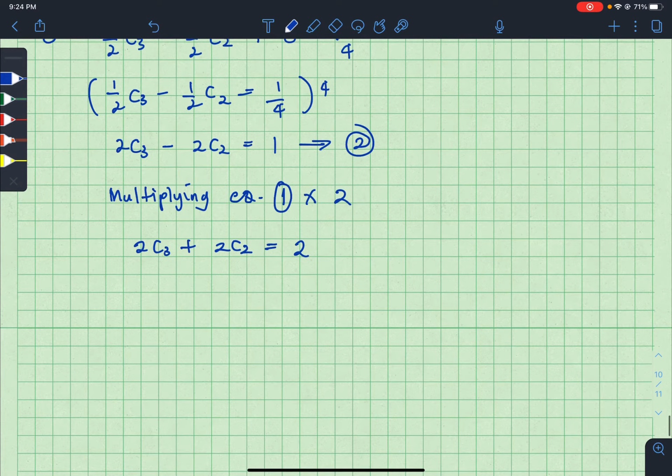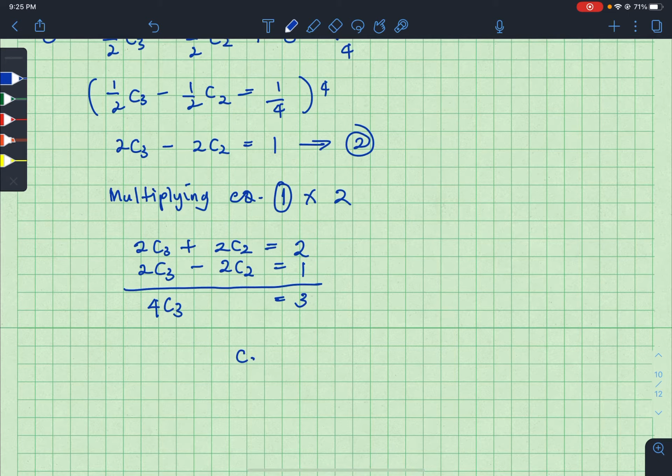And for our second equation, we have 2c3 minus 2c2 is equal to 1. So adding the two, I'll have 4c3 is equal to 3, giving us c3 equivalent to 3 over 4.